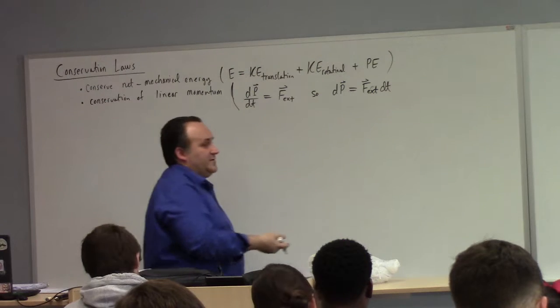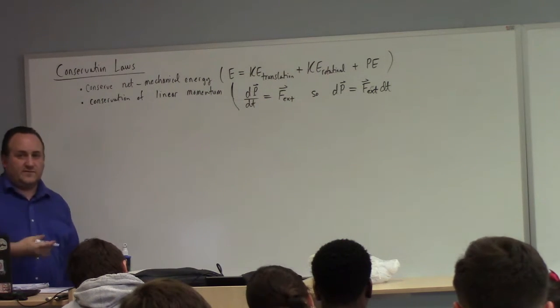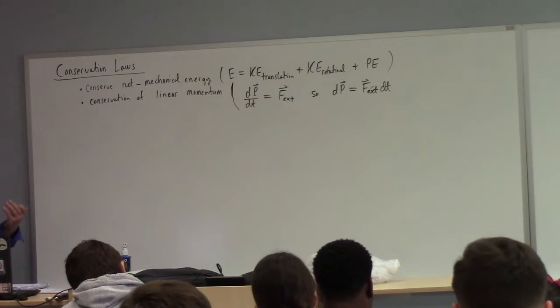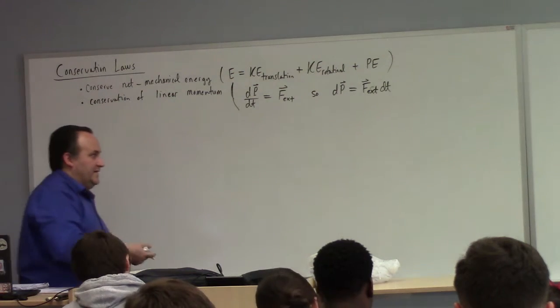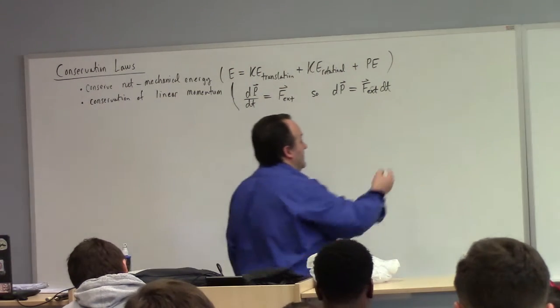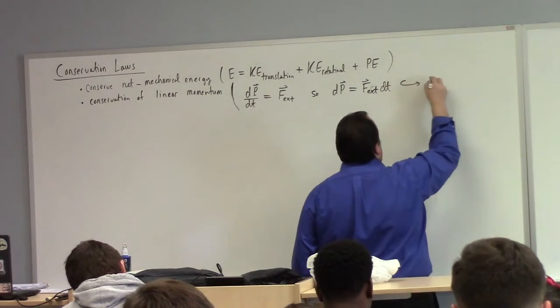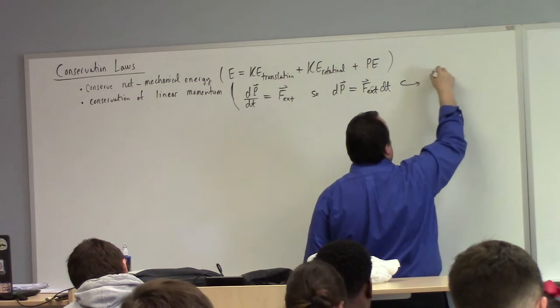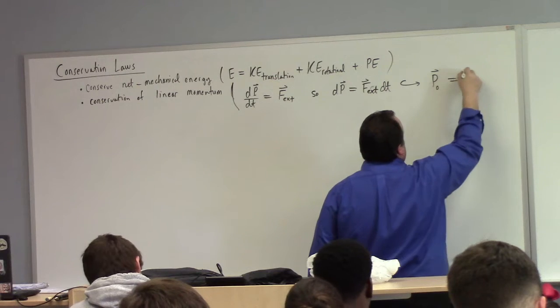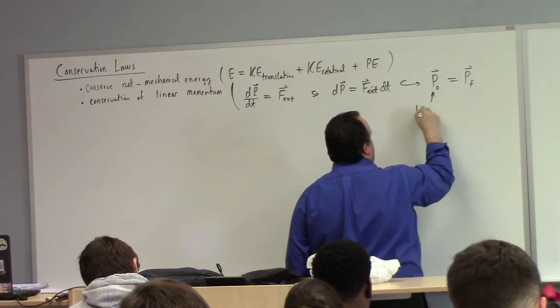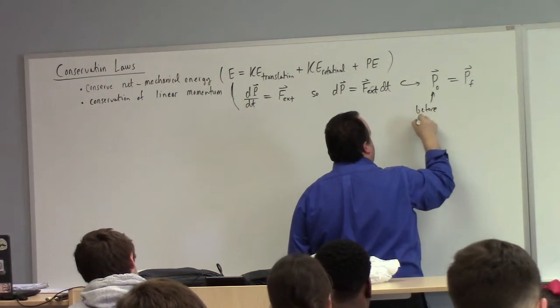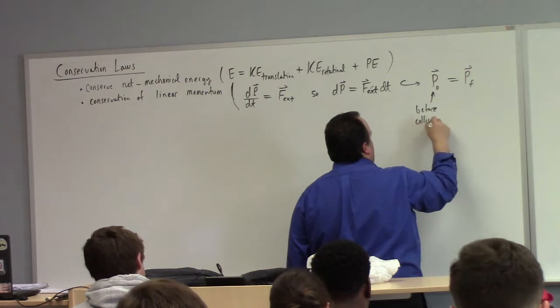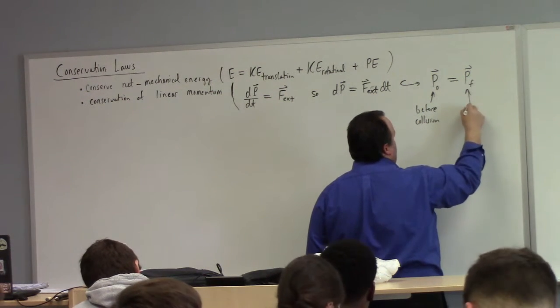And so if either the external force is 0 or if dt is small, then you get that the change in momentum is essentially 0. This gave us that the initial momentum was equal to the final momentum. So this is like before collision, after collision, right? We've done these.